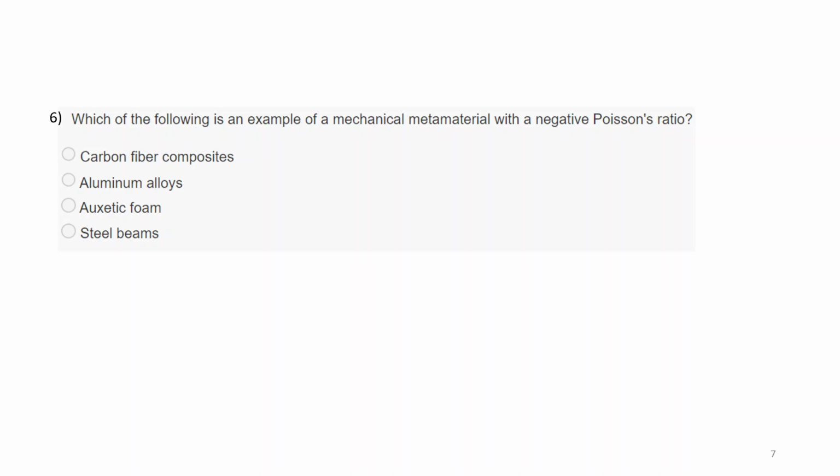Next: which of the following is an example of a mechanical metamaterial with a negative Poisson's ratio? The options are carbon fiber composites, aluminum alloys, auxetic foam, or steel beams. Maybe the third one, ma'am, I guess. Yes, auxetic foams.